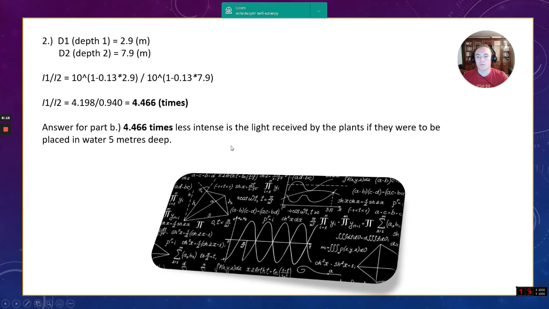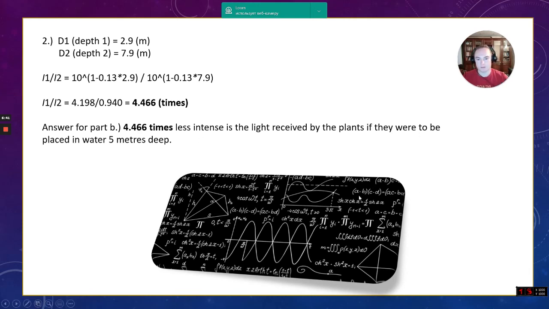So that's going to be 4.466 times less intense. So let's go ahead to our part 2 answer. 4.466 times less intense is the light received by the plants if they were to be placed in water 5 meters deeper than the point where they received a sufficient amount of light.